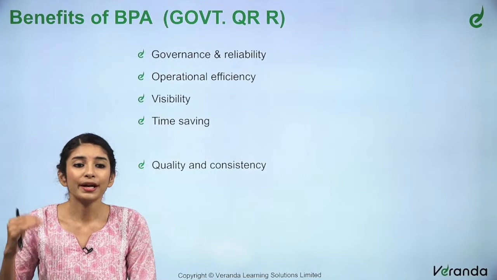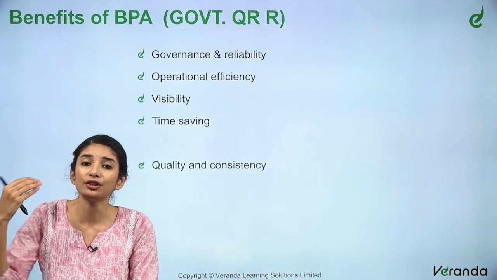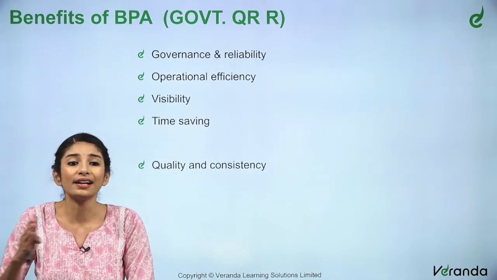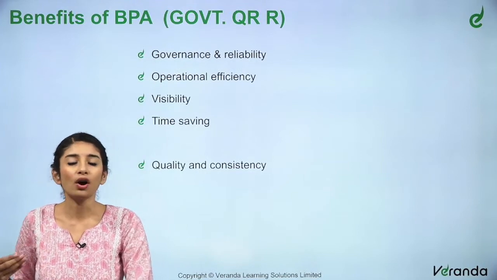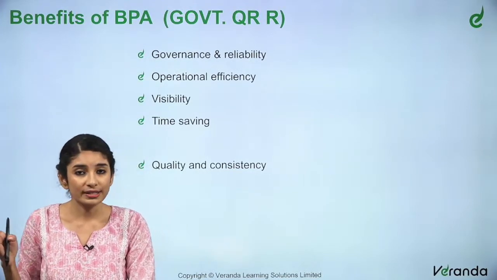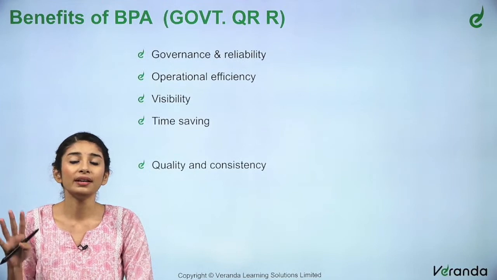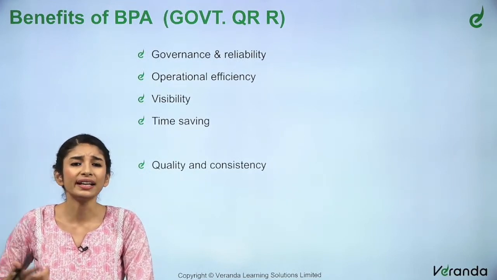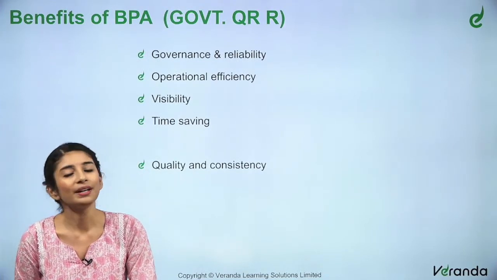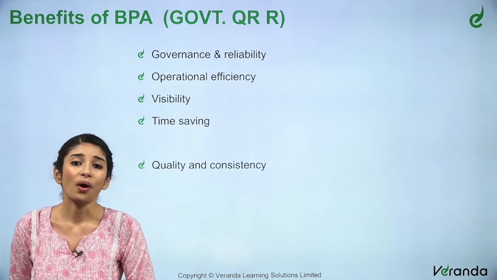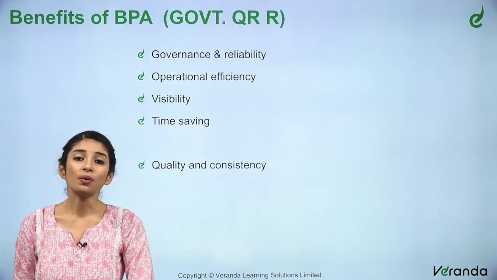The answer is no, because machines are meant to do work in a very consistent manner. So your work in the organization will be done consistently and the quality will remain from the start to the end. If it's a human being, they get tired at the end of the day, right? But with systems, that's not the case. So quality and consistency.